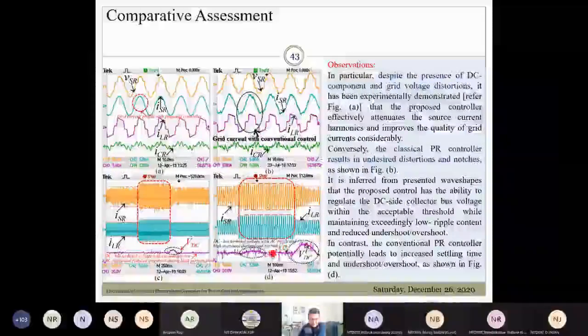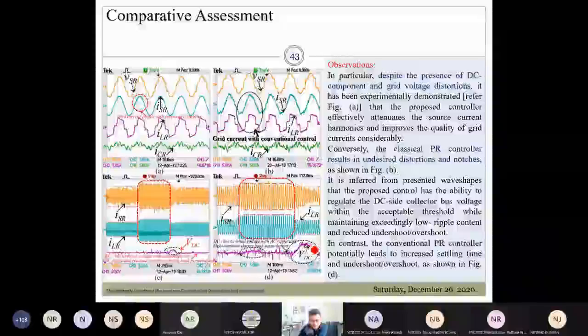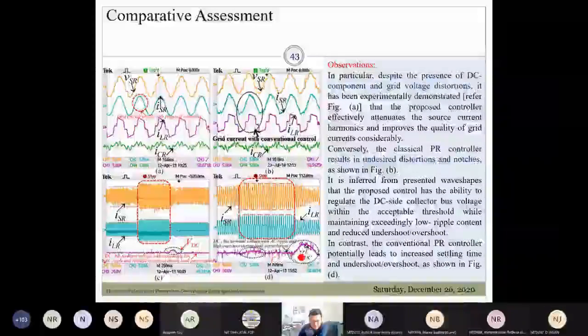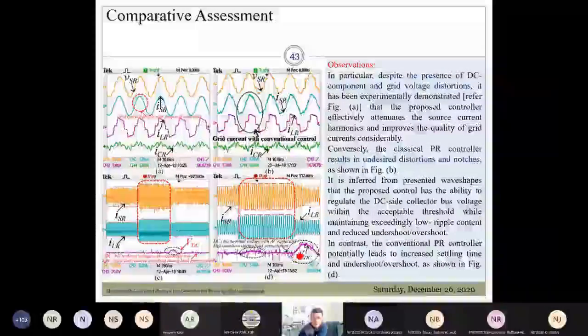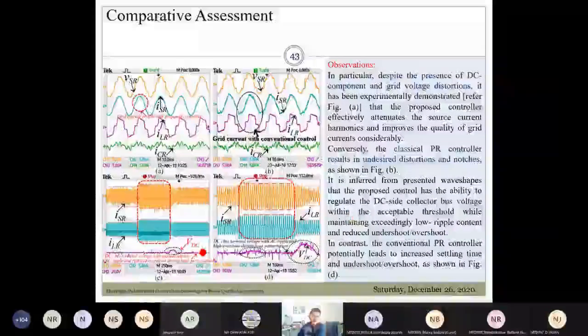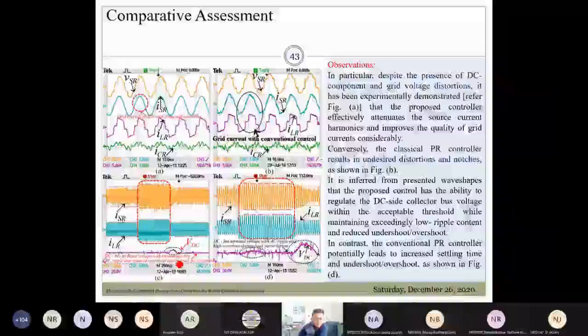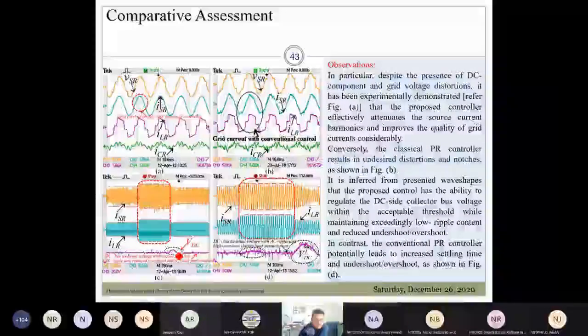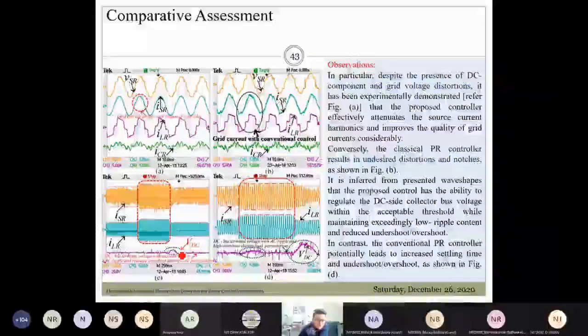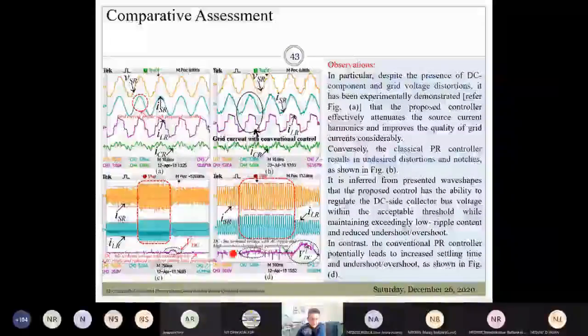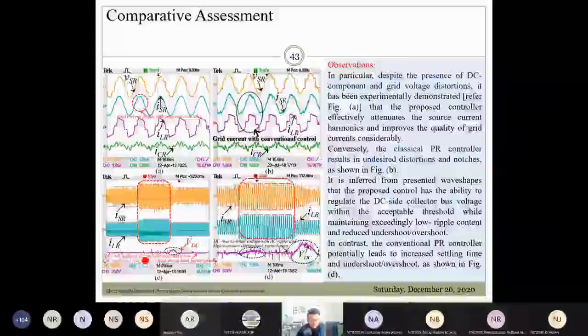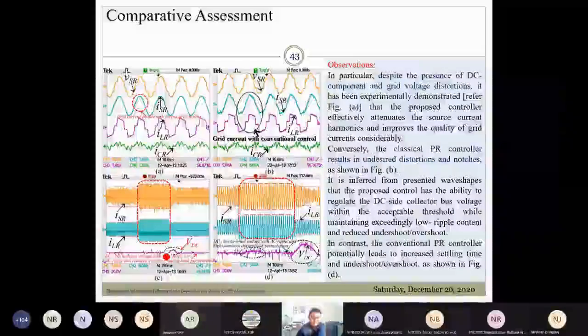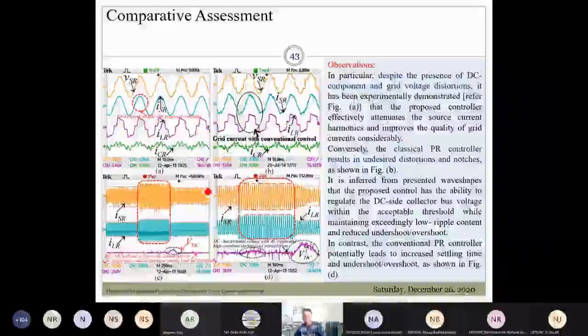Similarly, the DC link voltage overshoot and undershoot, and even the stationary errors in the DC link voltage, are prohibitively high when operated with the classical PI-MR controller. But when you operate it with the proposed PI4VPI controller, the percentage voltage overshoot is significantly reduced, and even the steady state error in the DC link voltage is substantially reduced.